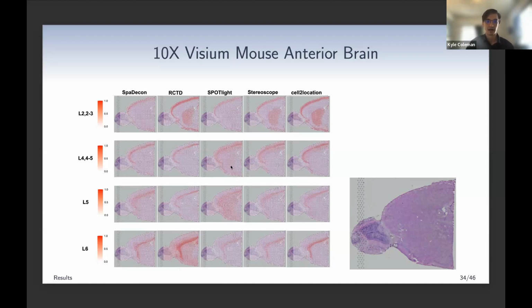And then SPOTlight predicts high proportions of L4 and L5 in the middle of the tissue section as well. So SpaDecon by far had the best specificity, it looks like, with localizing these neurons into their respective regions. It predicted high proportions in their respective regions and low proportions elsewhere. So this is very promising for the performance of SpaDecon.